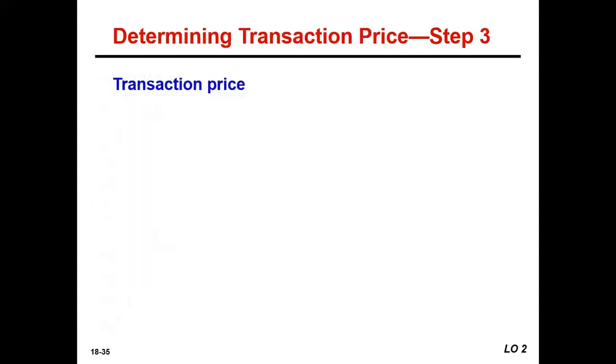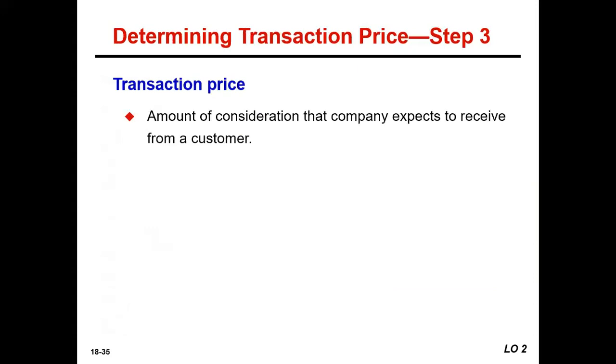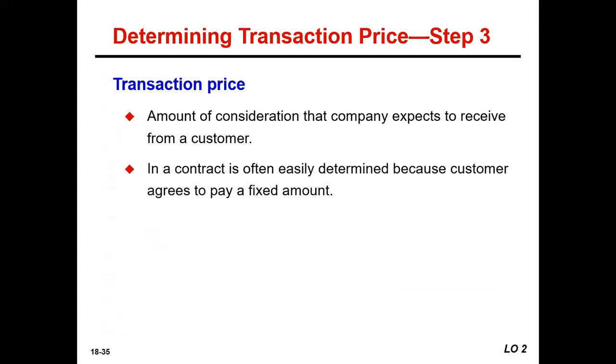Step 3, determining transaction price. That's the amount of consideration that a company expects to receive from a customer. In a contract, that is often easily determined because the customer agrees to pay a fixed amount.